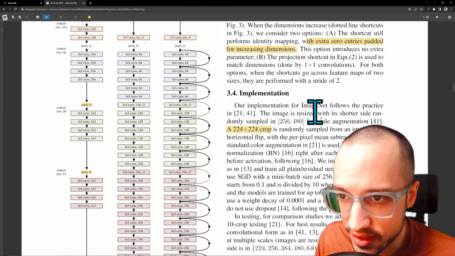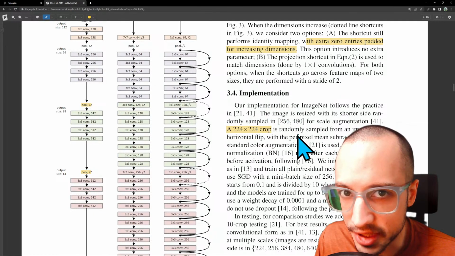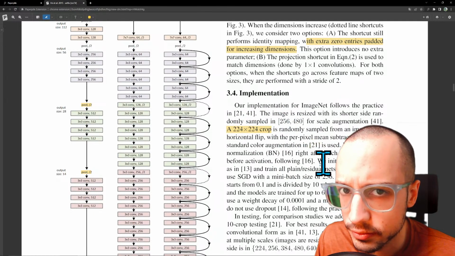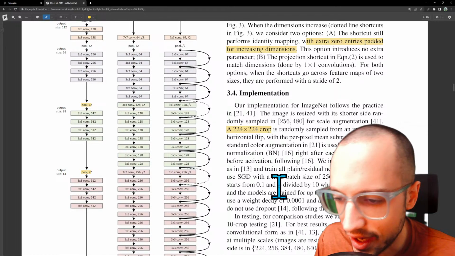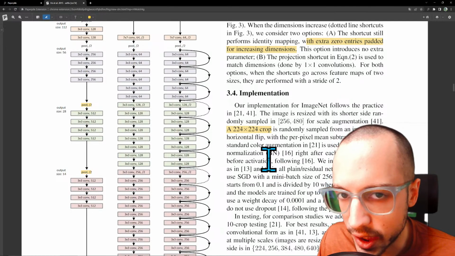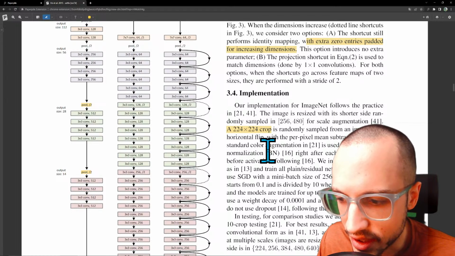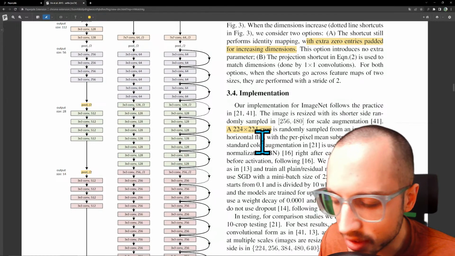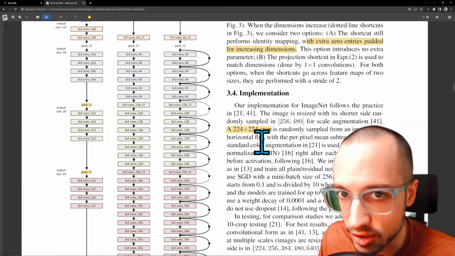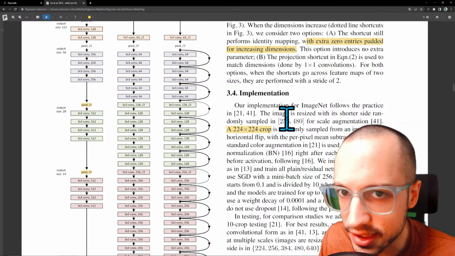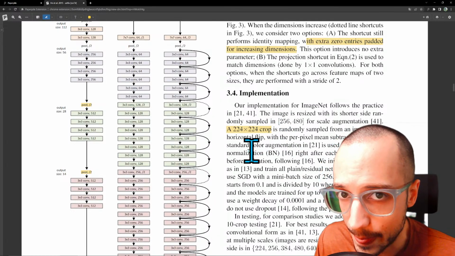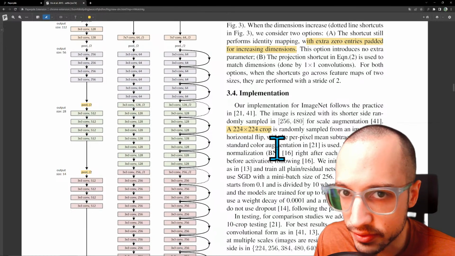So in a way, this is actually acting as a form of augmentation, right? Because every time you perform an epoch and you train over your whole data set, the crop that is randomly selected for each image is going to change. So every epoch is going to have a slightly different crop of every image. So it's like a form of data augmentation.